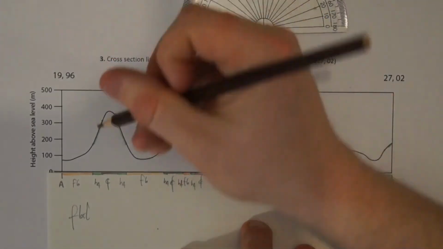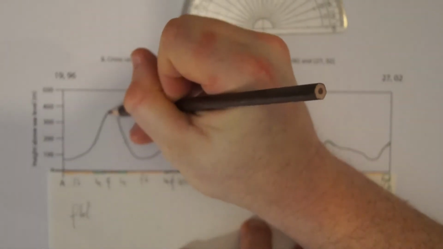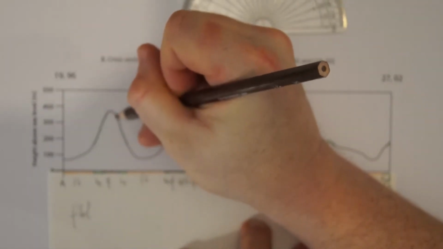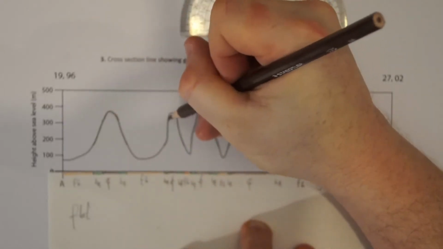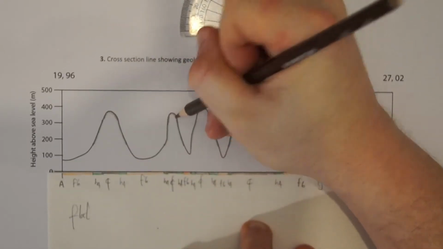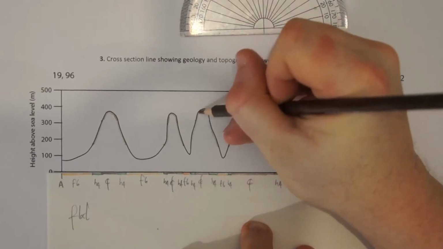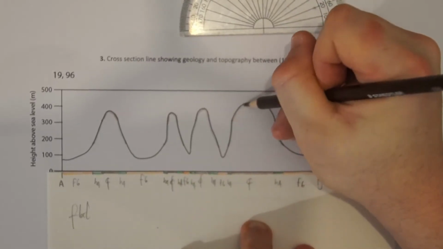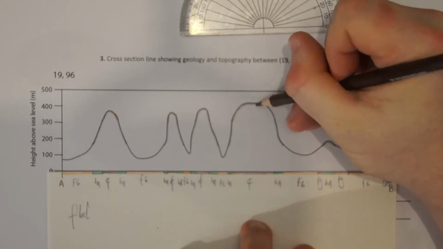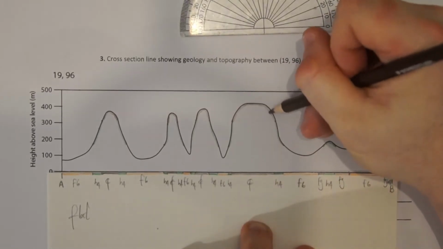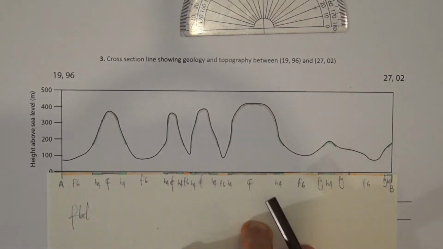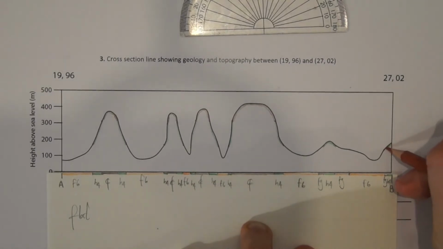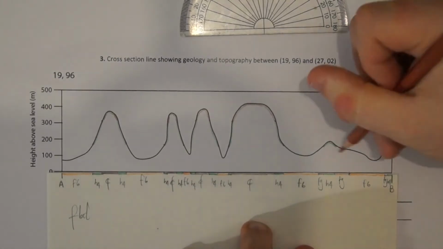Then let's go for our clay with flints. That's one clay with flint, that's another one, that's another one. This is another one. Any more clay with flints? No more clay with flints, but then what I do have is this Rhaetic bed. There's a bit of it here.